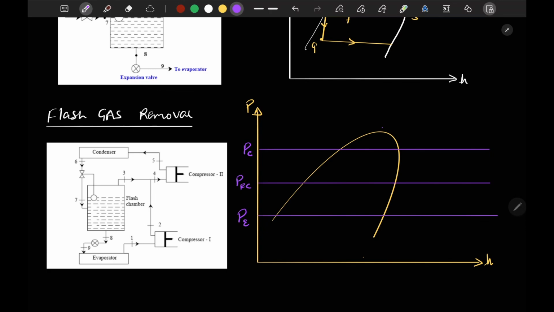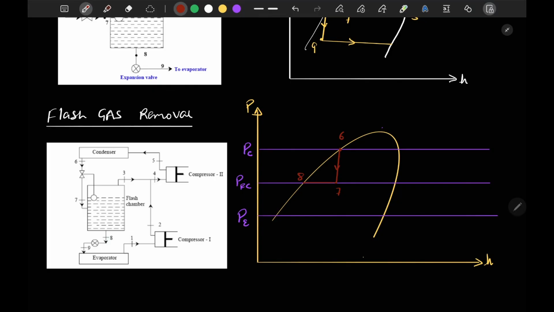So if we want to draw our lines, this is point 6, which is at the condenser exit. After that we have throttled the fluid and it has reached point 7. At point 7 we have extracted its heat to reach point 8, which is our saturated liquid state.